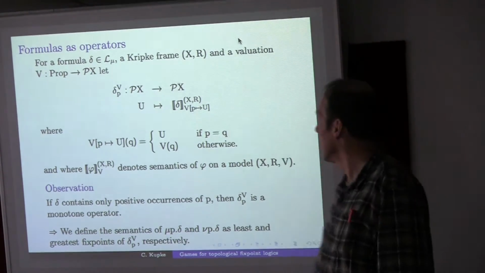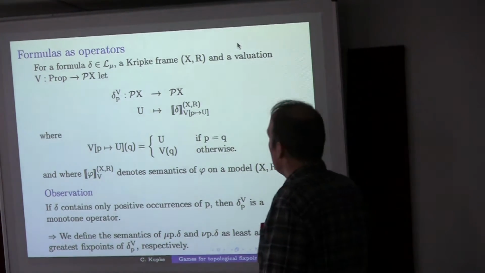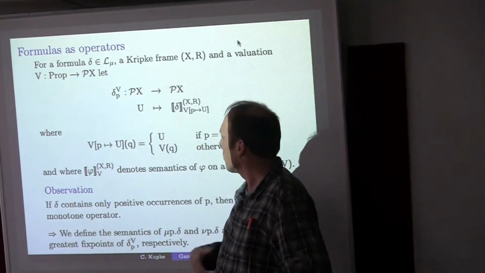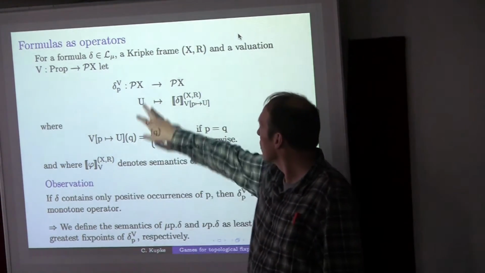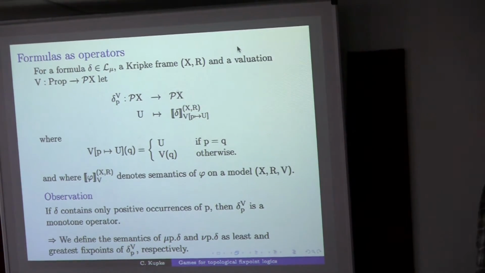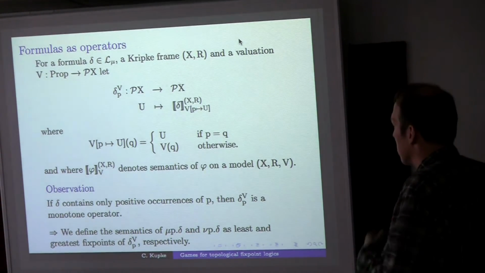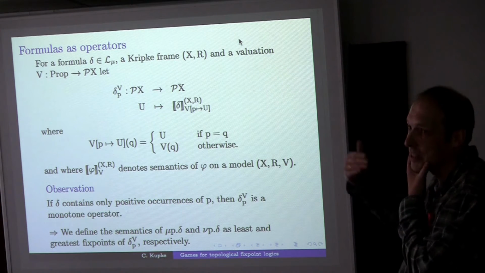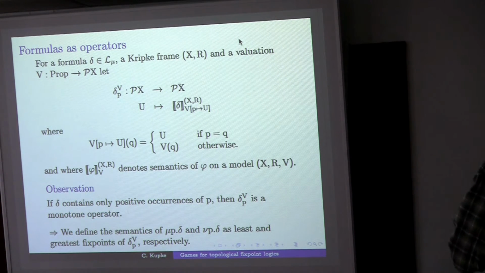So we just look at formulas now as operators on the lattice of predicates. It's a complete lattice. That's why we can say what's the fixed point, the least and the greatest. The least and the greatest fixed point exist, and we can also compute them.